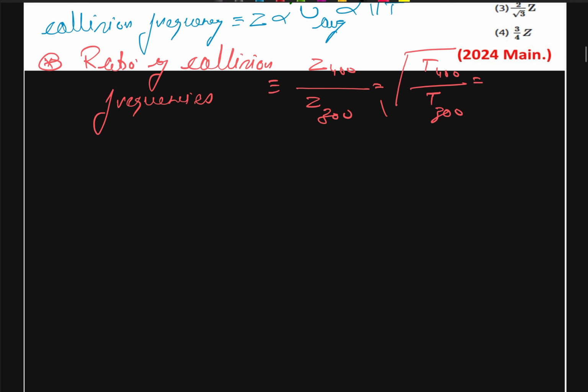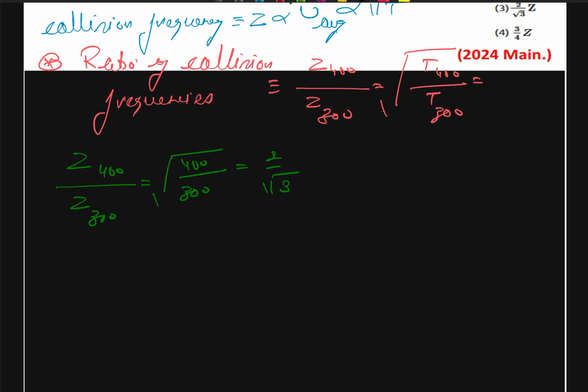So we can write Z of 400 by Z of 300 will be equal to the square root of 400 by 300, and this comes as 2 by square root of 3.